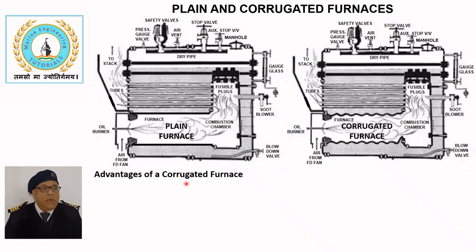Advantages of corrugated furnace. Corrugated furnace has the following advantages. Higher strength against collapse. Corrugations increase resistance to external pressure and reduce the risk of furnace collapse under boiler pressure.